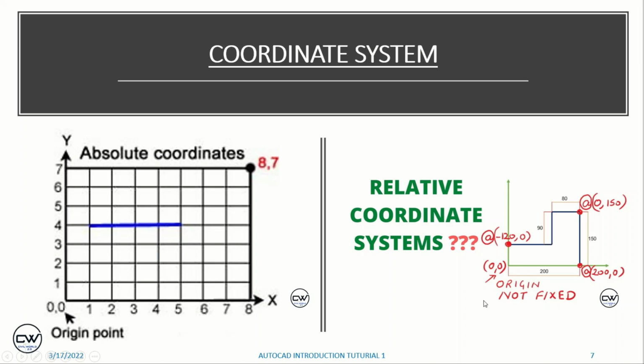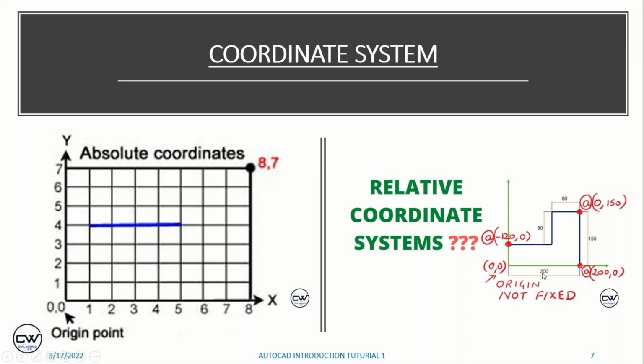And for the relative coordinate system, we can start the origin here or here, whichever. If you start at this point as the origin, we can use it from here. So this is 200 meter. If you need this point in the relative coordinate system, this is the x direction and this is the y direction. So 0 comma 0 is the origin.